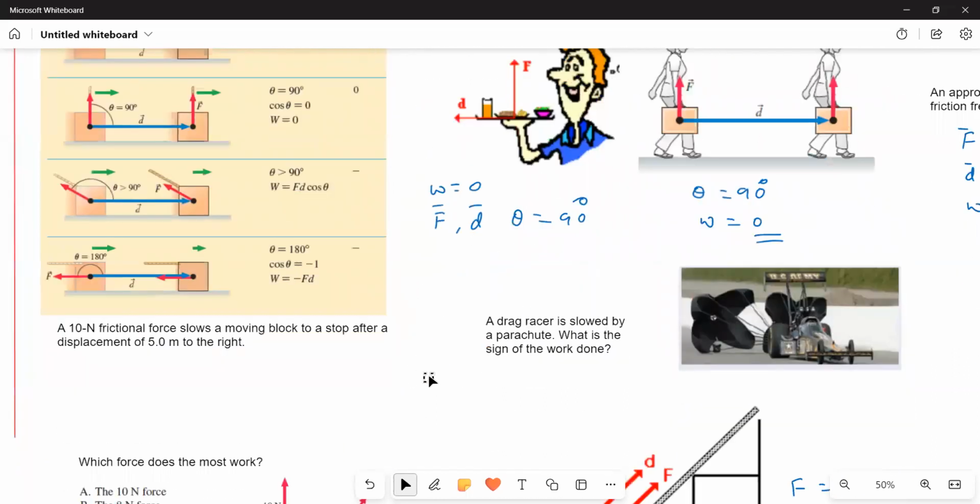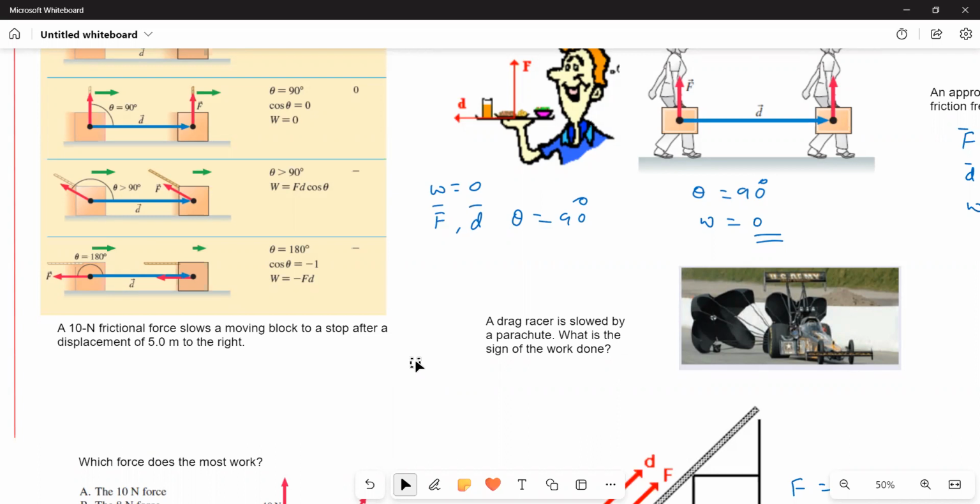In our day-to-day life, we will not say that work done is negative. There may be work done equal to 0. For example, I am giving a lecture to you. I am teaching, but there is no movement in my body. That means I am sitting in a chair and giving the lecture, so the work done will be 0. These are examples of work done equal to 0 and work done positive.